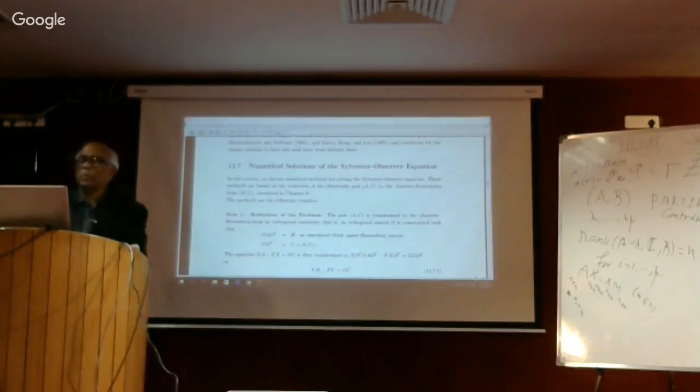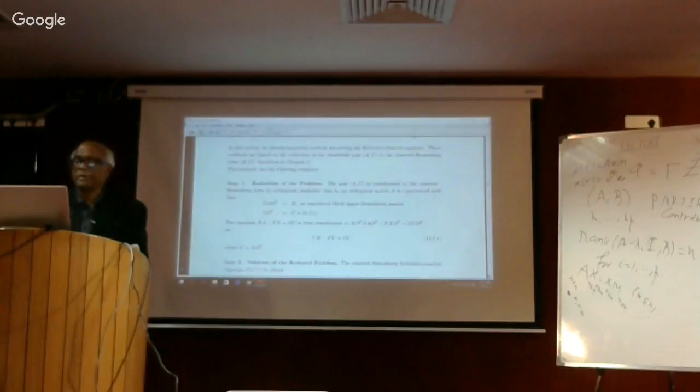So using this transformation, XA minus FX equal to GC is now transformed to this matrix equation: YH minus FY equal to GC prime, where Y is nothing but X times O transpose. I've shown you this calculation.